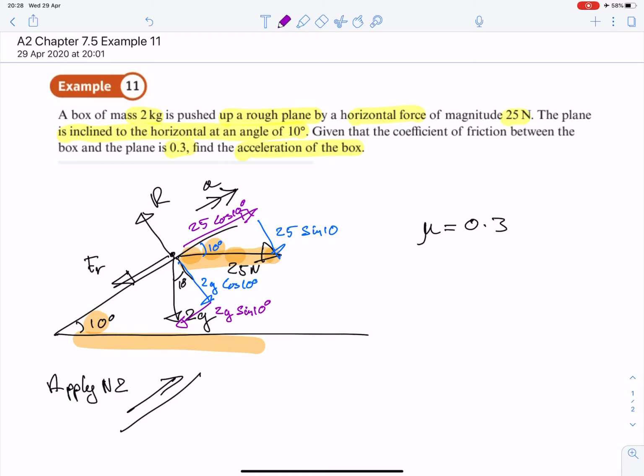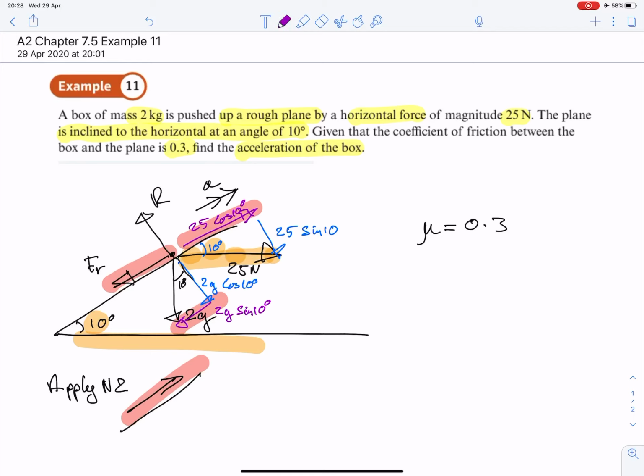So now we can look at those that are acting parallel to the plane. We've got this one and this one in our parallel direction. Is there anything else there? Have I missed anything? Yep, the friction. There we go. So now we know the three things that we're looking at.